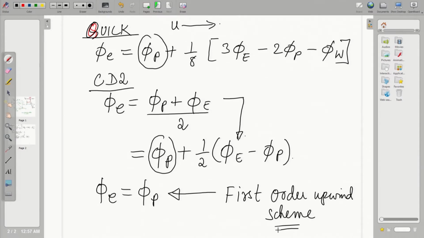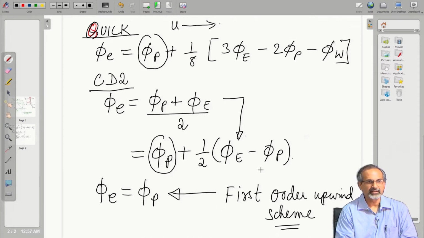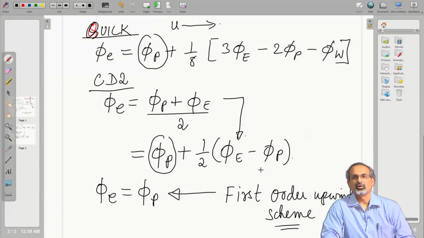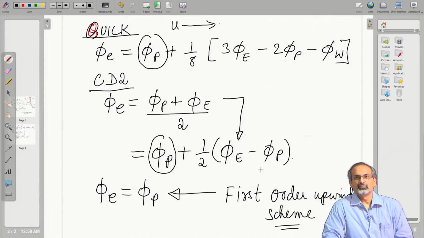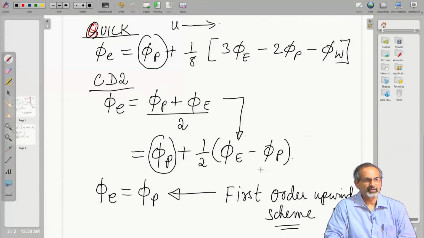Now, QUICK or CD2 both have higher formal accuracy than the first order upwind scheme. However, they develop some numerical oscillations at times. So, we are aware of both the issues: on one hand they have better formal accuracy, on the other hand the first order upwind scheme, which is able to satisfy the boundedness property all the time, is not necessarily satisfied by schemes like CD2 or QUICK.